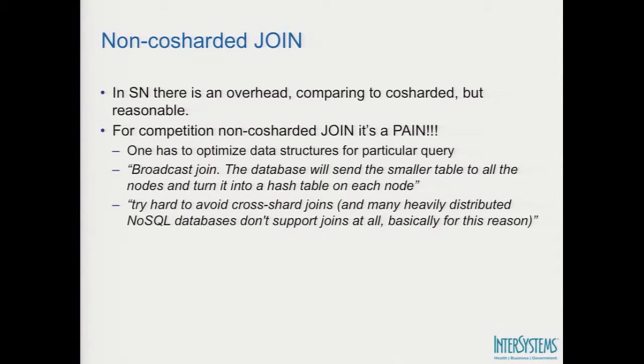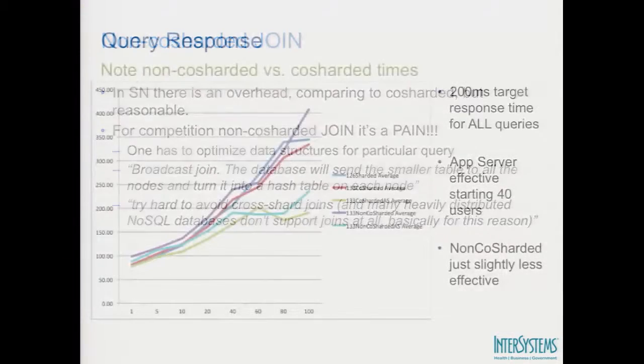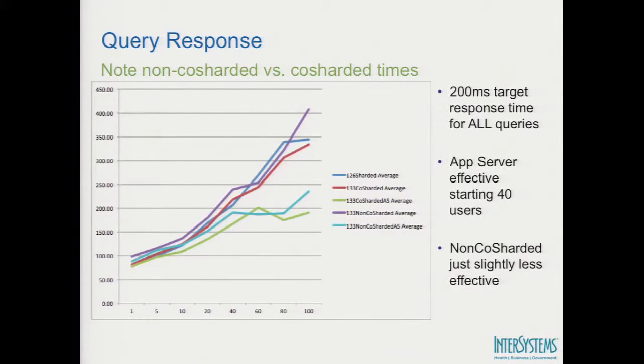It's not the case for shared nothing. In shared nothing, we still deliver predictable performance for non-co-sharded queries. Actually, it's the same example that Robert was demonstrating, just the graph of the test we did internally. Here you have the response time, and here you have the number of users querying the database.